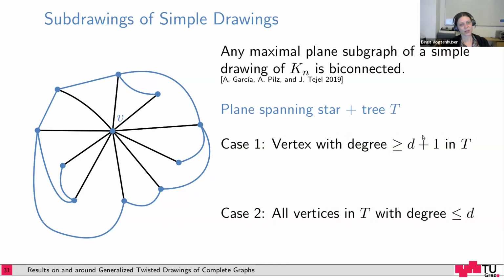Now, if the tree has vertices only of degree smaller or equal to d, we have this d-ary tree. This has height at least log d, and hence we get our log d bound.